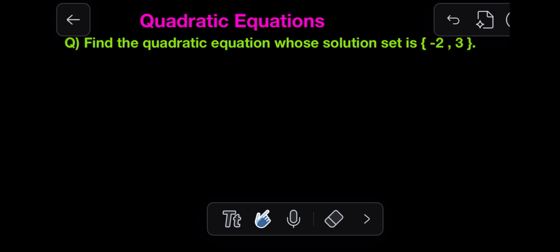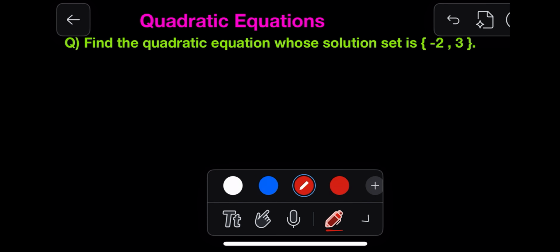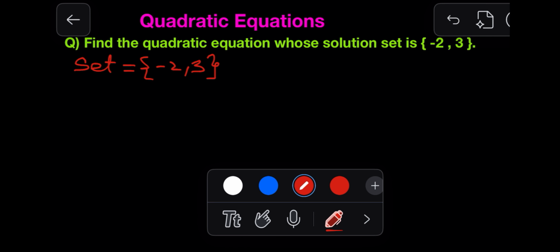So the question is: find the quadratic equation whose solution set is given, which is -2, 3. So first we have to write the solution set, which is -2, 3. So this -2 and 3 are the roots.